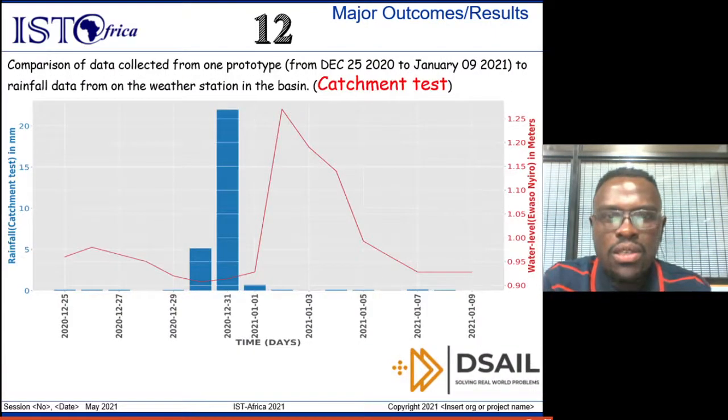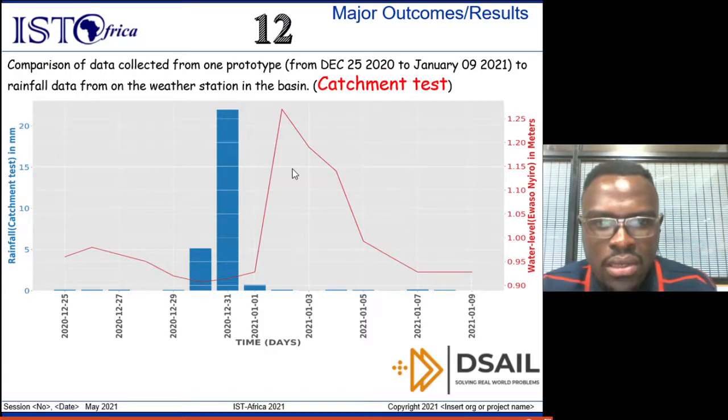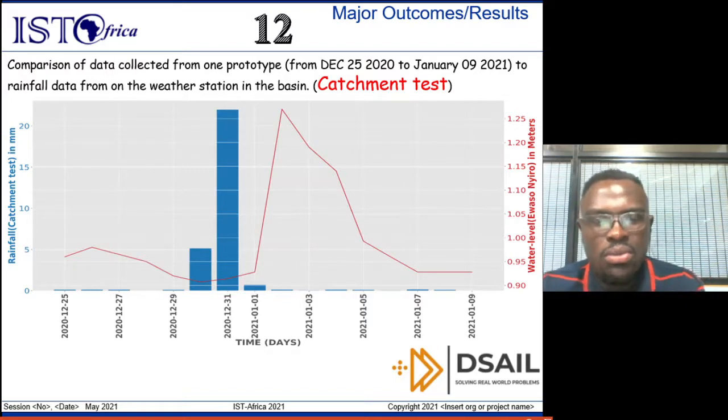So the catchment test, what we are trying to do as we started was to draw the comparison between when a spike in water level occurs, how long does a spike in water level occur after a spike in rainfall. So the duration between a spike in rainfall and the spike in water level.